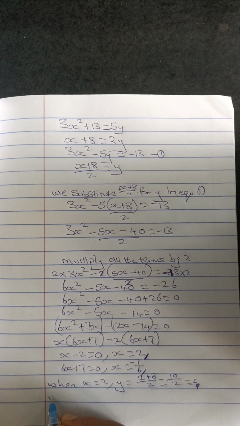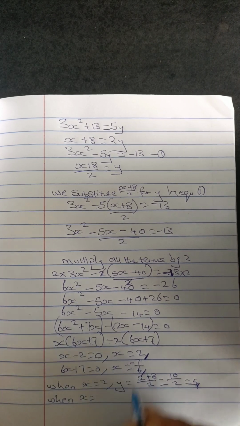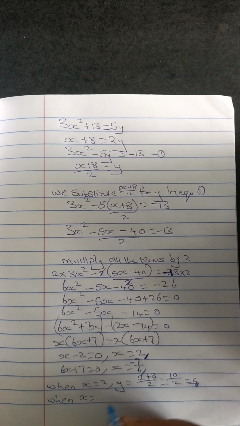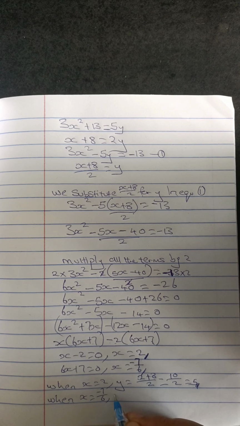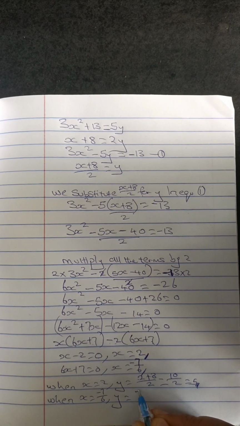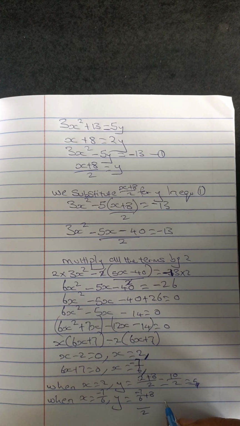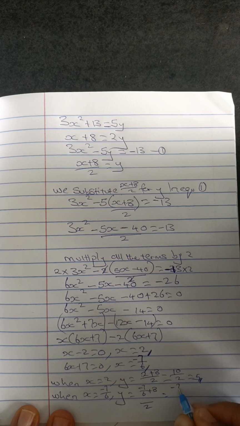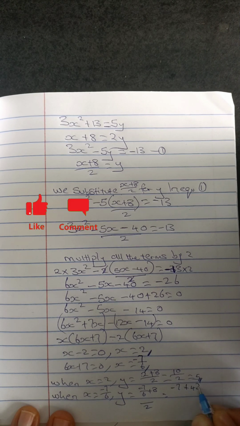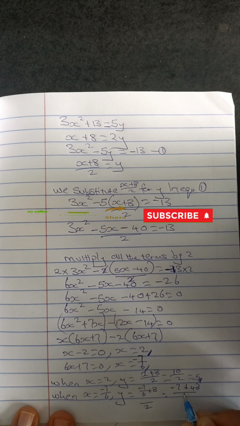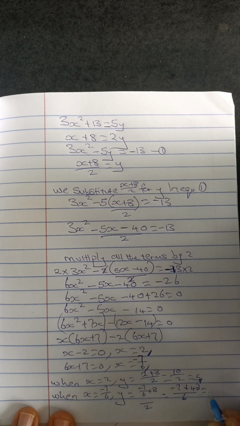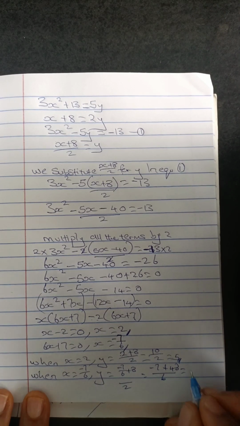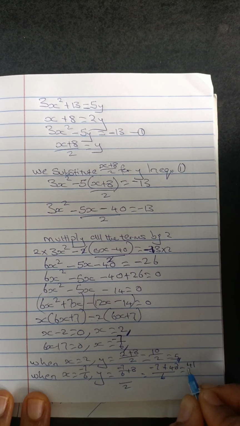Now the second value for y is when x equal to minus 7 over 6, y is equal to minus 7 over 6 plus 8 over 2. And when you solve this fraction very well, you should have minus 7 plus 48 over 6, which should be equal to 41 over 6.